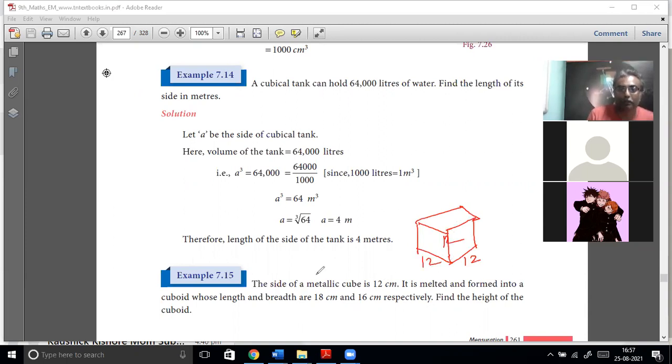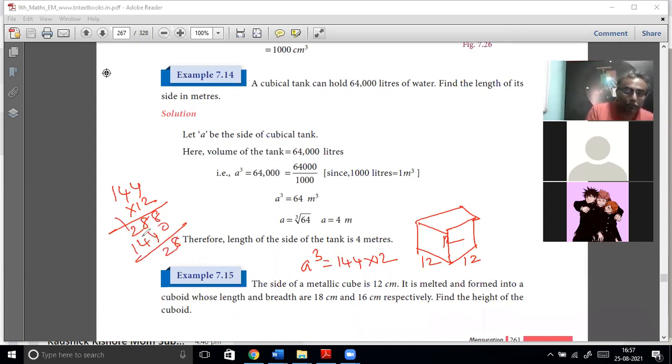So what is the volume? 144 into 12. How much is 144 into 12? 1728. Volume is equal to 1728 centimeter cubed.